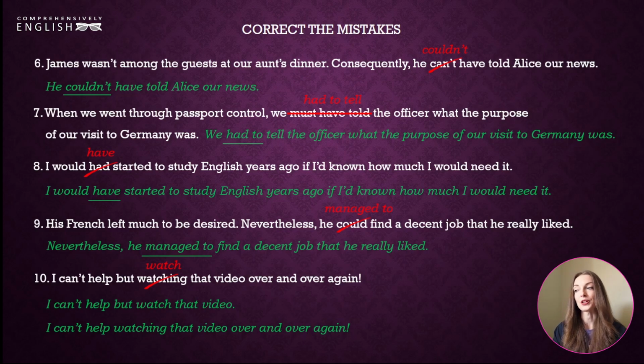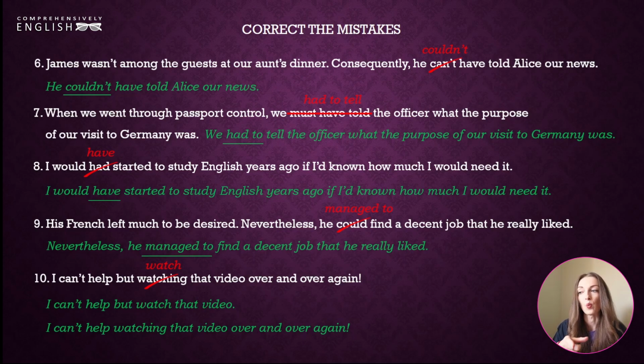So these 2 expressions, can't help but do something with the bare infinitive, and can't help doing something with a gerund, have very similar meanings. I can't help but do something means that I don't see how I can not watch the video. This is something that I find necessary to do or very tempting to do.